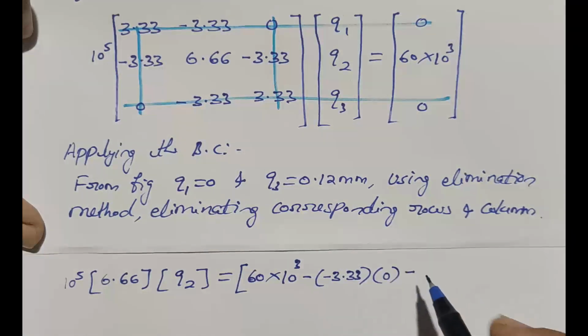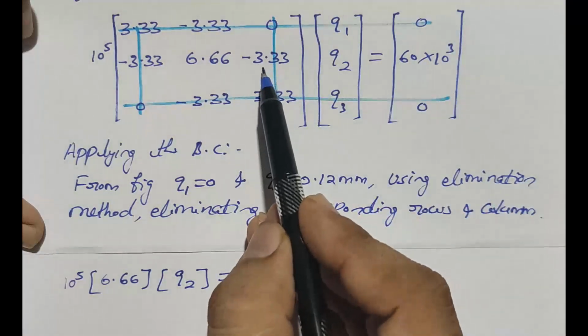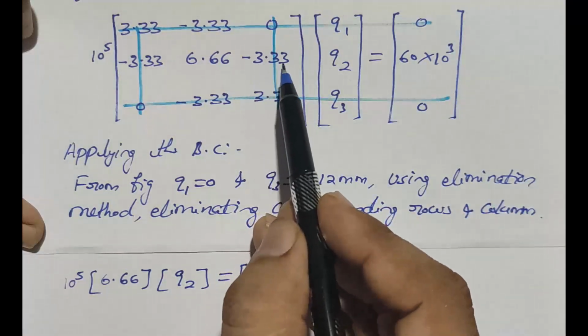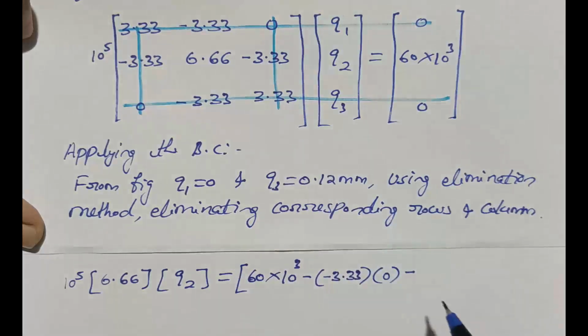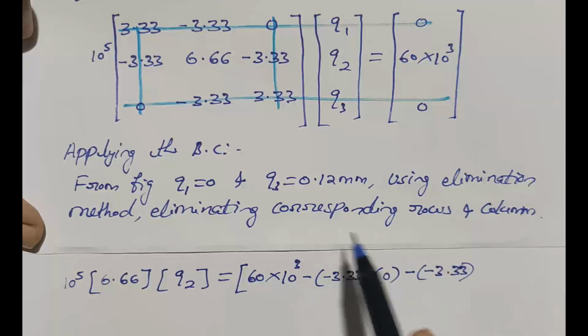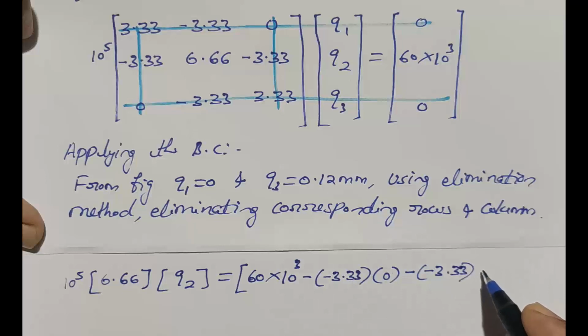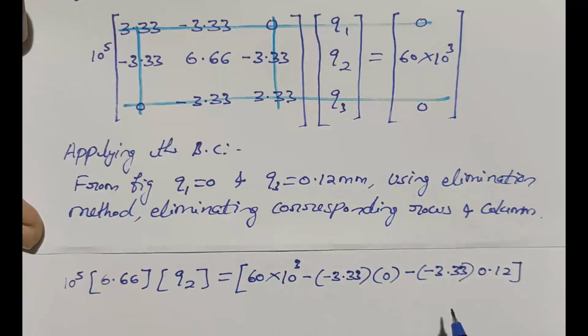Next, minus, since we have eliminated minus 3.33 in the third column, it is minus into minus 3.33 into the known corresponding displacement, Q3 is 0.12.